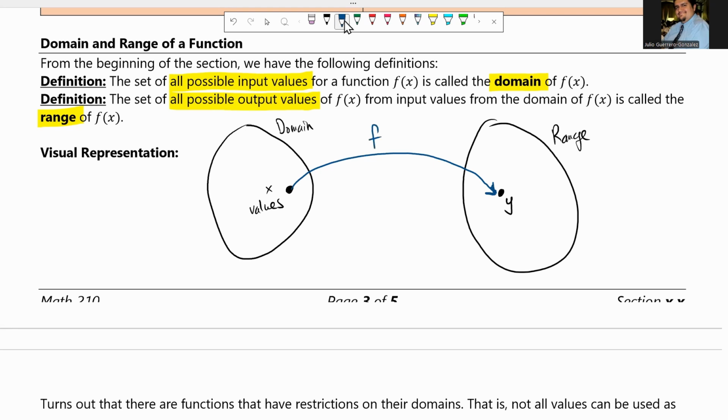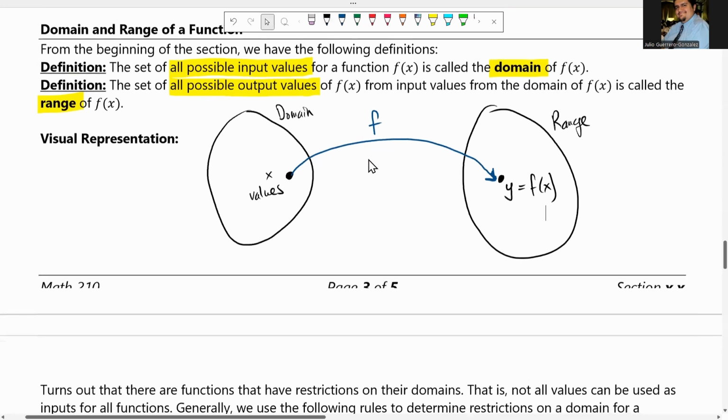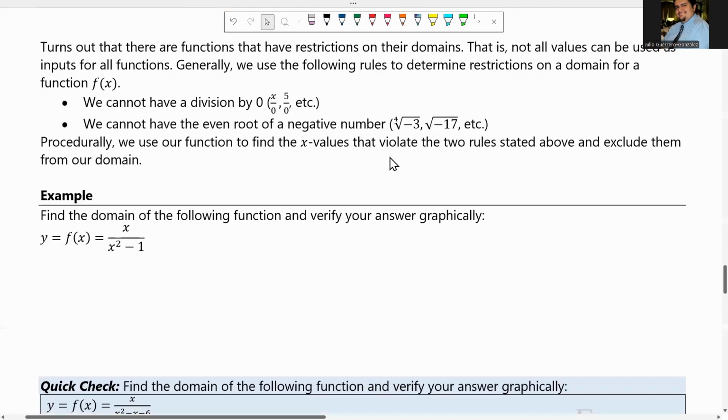So we're hitting this with a function f, and this is why we say that this y value right here is f of x. This is the visual representation of domain and range. I think we've got enough to start doing domains and ranges of functions.